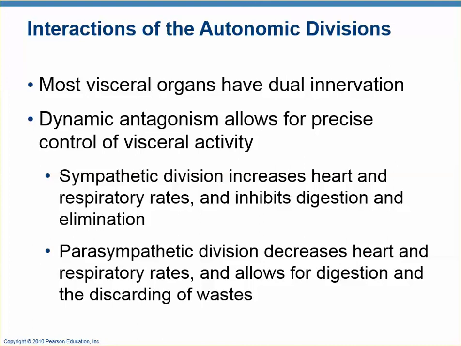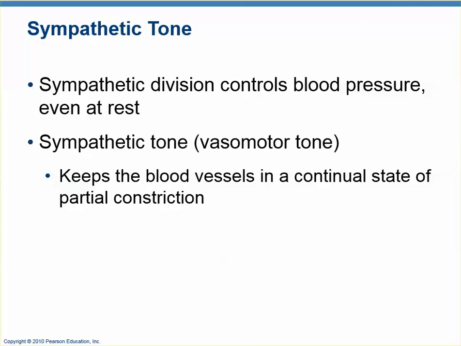So what happens here is the autonomic divisions, sympathetic and parasympathetic, both serve the same organs, right? And they tend to be antagonistic. Sympathetic tends to turn things up, parasympathetic tends to turn things down, except the opposite in the digestive system. We tend to have sympathetic tone at rest in your blood pressure.